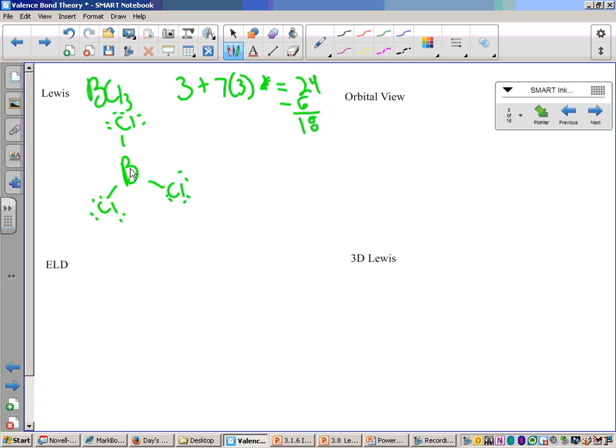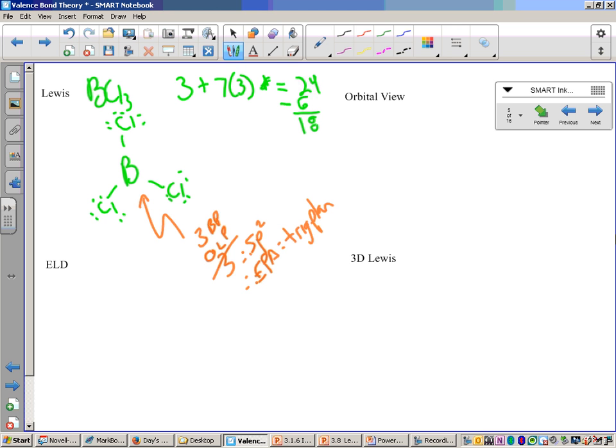It is happy with 6. So that's a good structure. We are finished that structure because boron is happy with 6. 3 bond pairs, 0 lone pairs, 3. Therefore, sp2. Therefore, the EPA is trigonal planar.